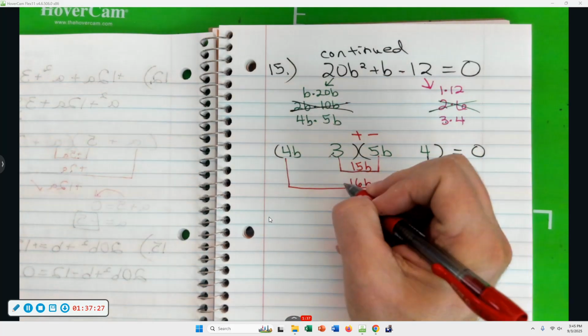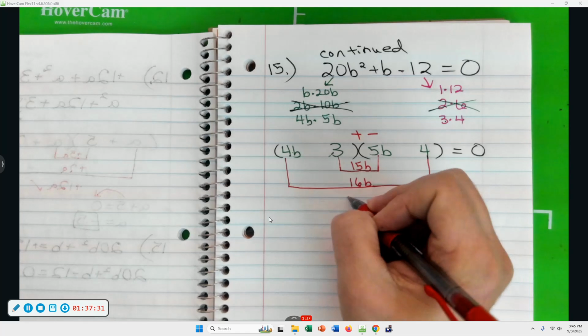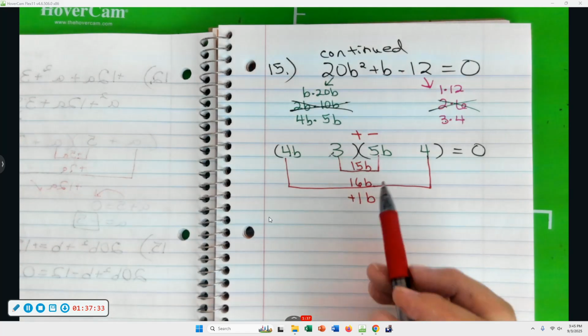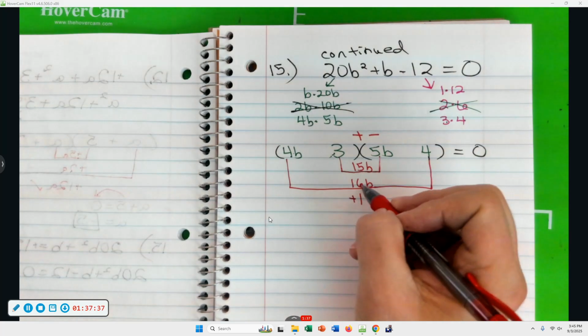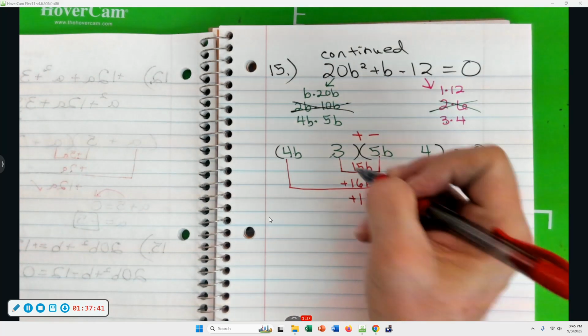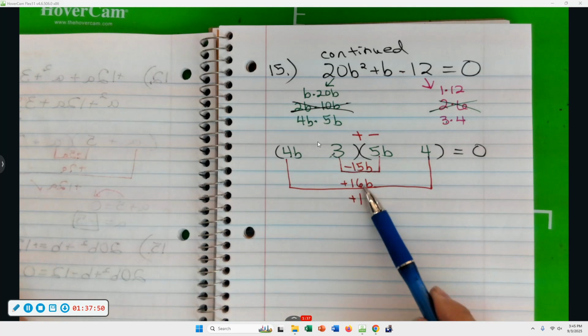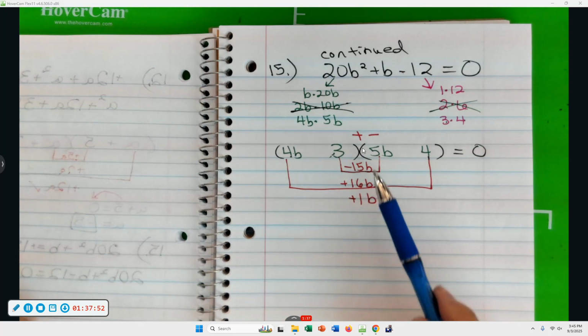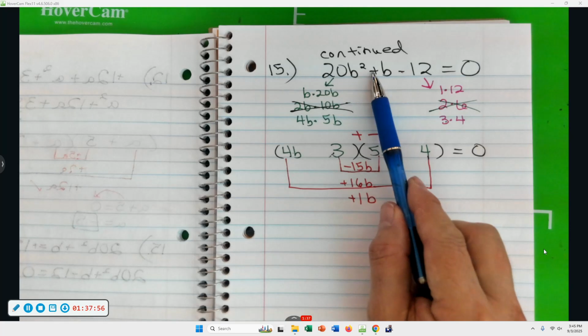You want a positive 1b. What should be positive then? The 16. The bigger number always takes that sign. So 16 is positive, 15 is negative. And when you said the bigger number, you mean of the outer and inner. Of the two numbers you have written down there, the bigger one will always have the first sign.